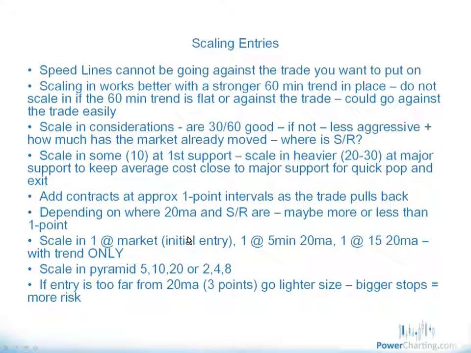Because if prices move too far away from the 20-period moving averages, sometimes the speed lines will actually act as your real support or resistance levels, and the trades will be taken off of that. In fact, I walked through that with you live just the other day.